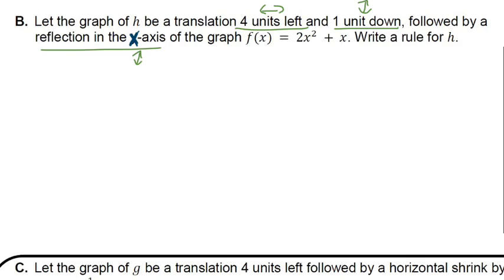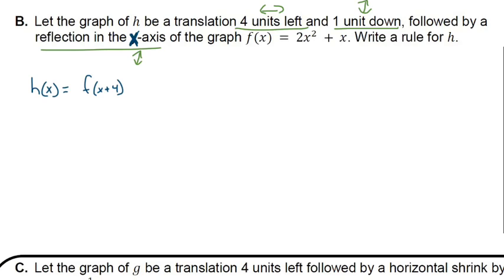So rewrite your original. We've got g of x. Well, they want h. Write a rule for h. H of x equals f of x. Now, inside, we only got to go 4 units left, so we'll add 4 to the inside because everything is backwards.